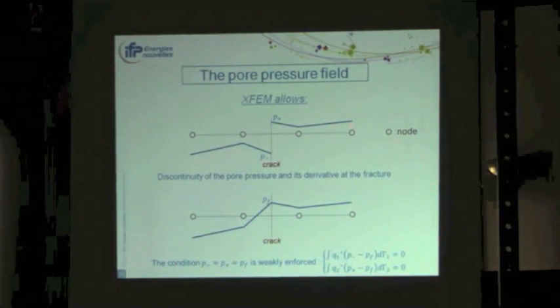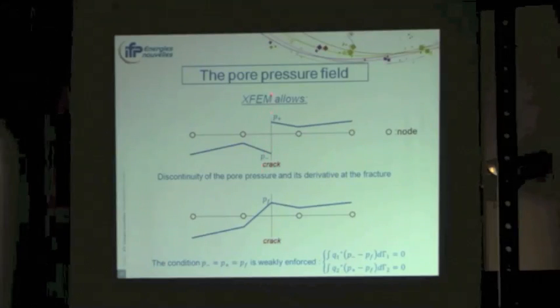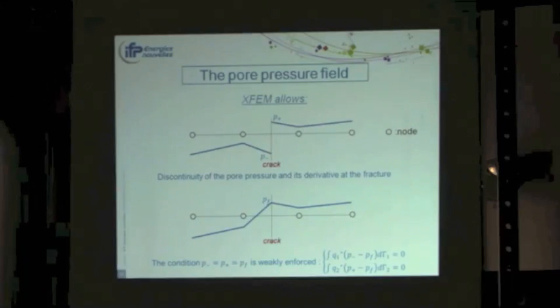This is a 1D example. We've got the nodes, and at the crack, we can have a discontinuity of the pore pressure and its derivative at the crack. But we want the continuity of the pressure at the crack. So that's why we weakly enforce the condition P minus equals P plus, with this set of equations.